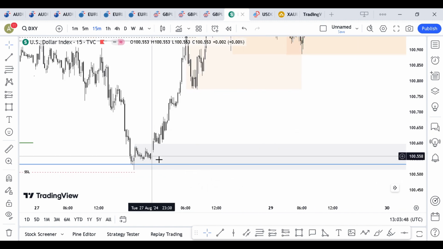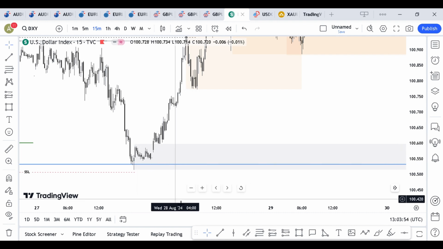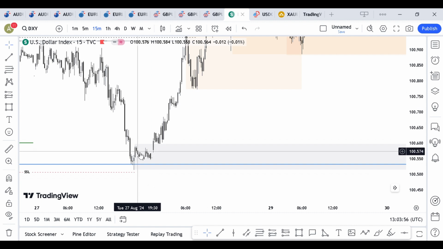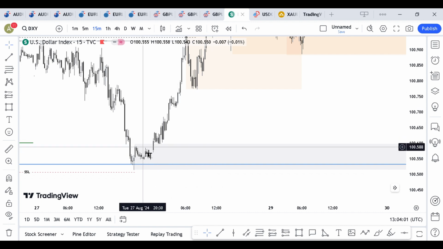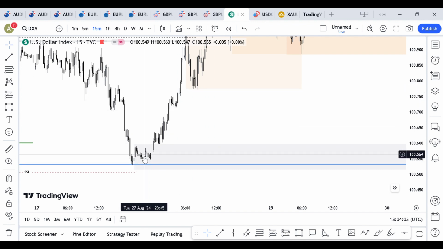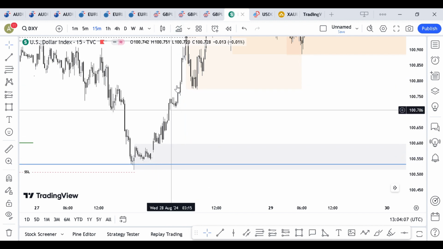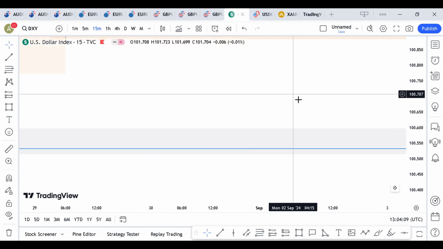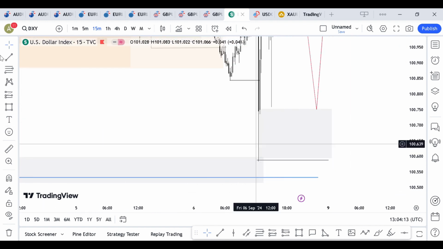We had this imbalance, a fair value gap, and such. All this range was also a pullback, and also inducement and liquidity points where shorts were placed to the upside, but price came down and took them out with this wick.